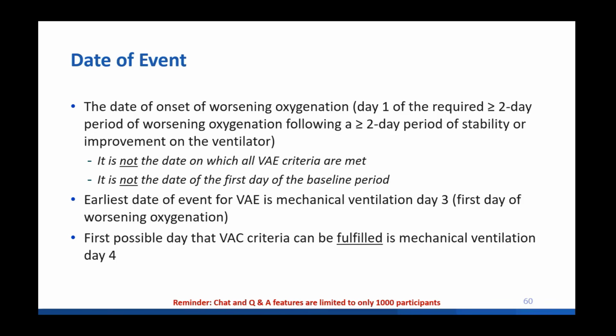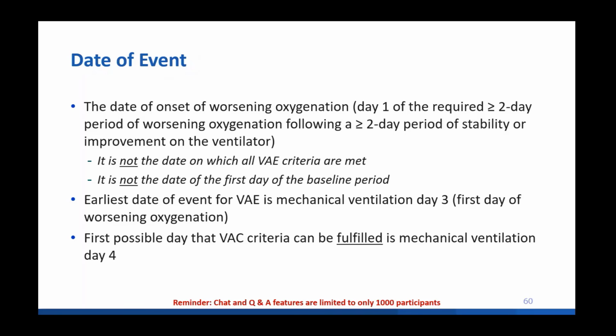The date of event for VAEs is defined as the date of onset of worsening oxygenation, or day 1 of the required 2-day period of worsening oxygenation following an at least 2-day period of stability or improvement on the ventilator. It's important to note that the date of event is not the date on which all VAE criteria are met, or the first day of the baseline period.